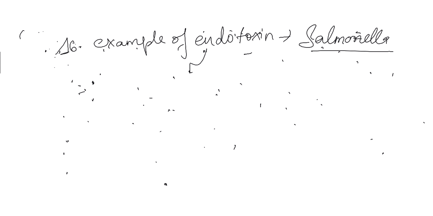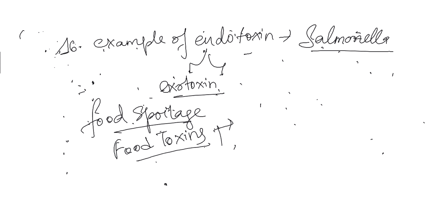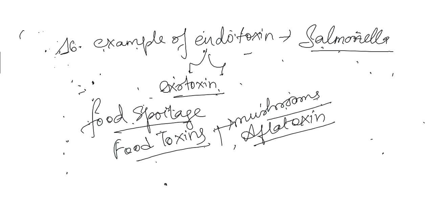In that case, you can get to know about the exotoxin too. You can study about food spoilage, some microorganisms, as well as food toxins. Even there are some toxins which are present in mushrooms. You can know that some toxins in mushrooms. Even you can go for aflatoxin. Aflatoxin, usually they give a question from this. Okay.